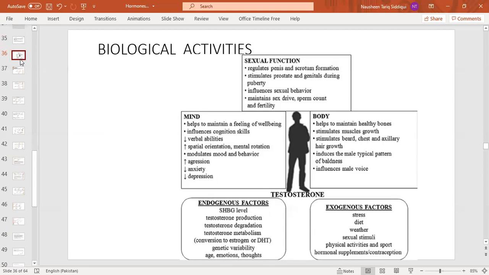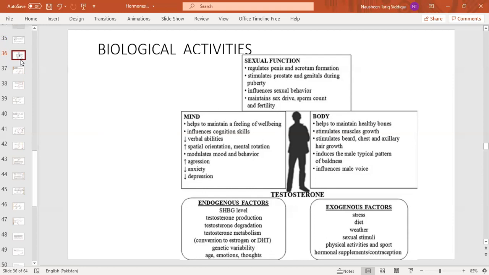On the mind, it helps to maintain a feeling of well-being, influences cognition skills, decreases verbal ability, increases spatial orientation and mental rotation, and modulates mood and behavior. It increases aggression, and it decreases anxiety and depression as well.